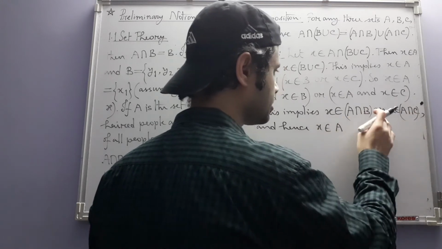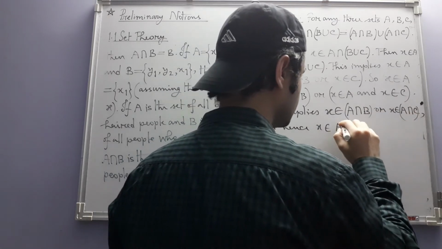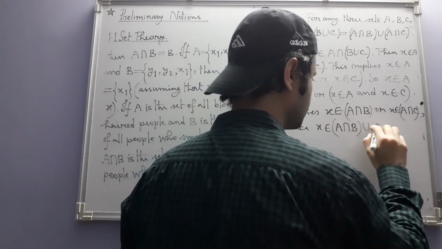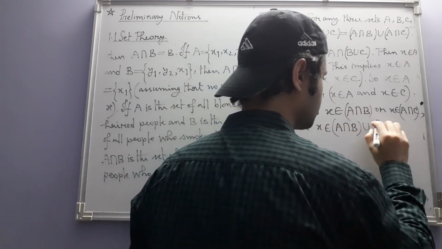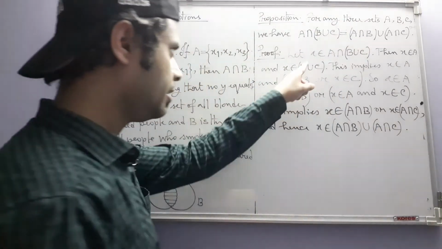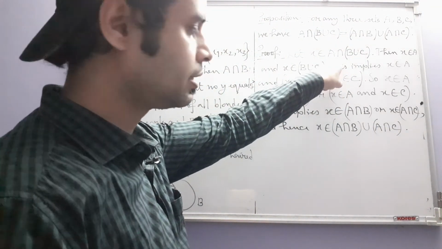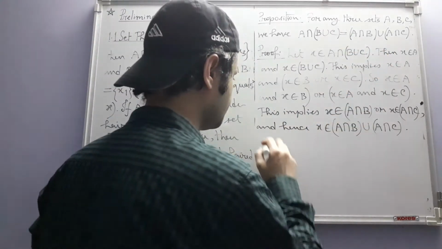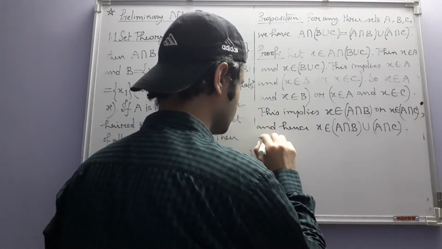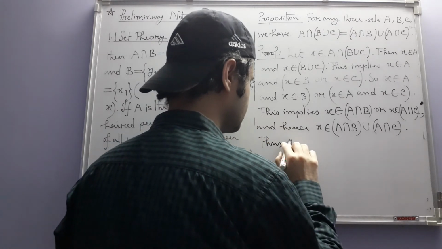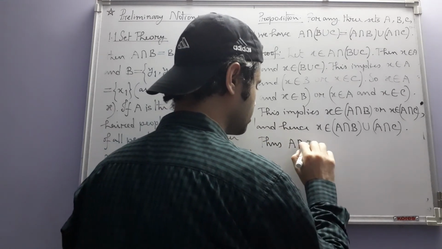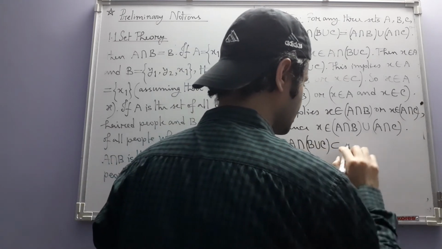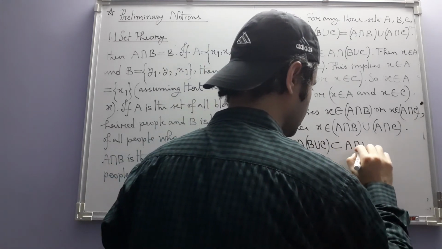Now these are two sets and we have OR. So any element X in this set is also in this set. So this is a subset of this set. Thus A intersection B union C is a subset of the other set.